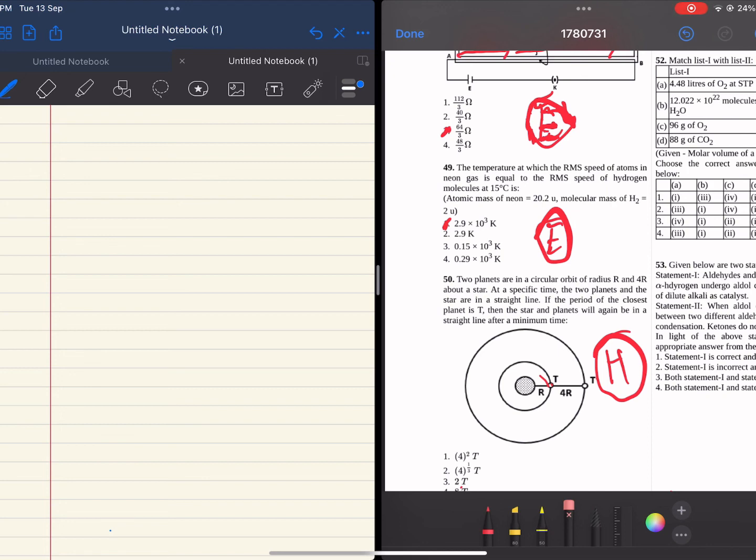But rather, we could do this question relative to the planets with each other. Relative to this planet, the distance of the other planet is 4r. If you assume the other planet to be revolving around this planet, its time period relative to this planet will come out to be 8T.